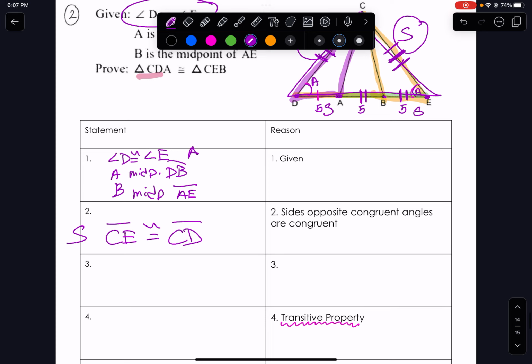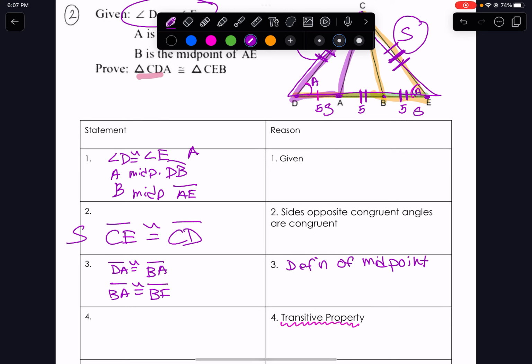Now, before I use the transitive property, it is used because I have already broken apart my segments by the midpoint. So I first have to use my definition of a midpoint to state my two congruent pieces. So I know that DA is congruent to BA, and I also know that BA is congruent to BE.